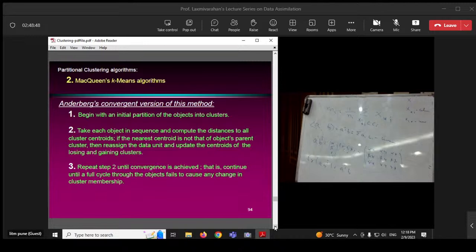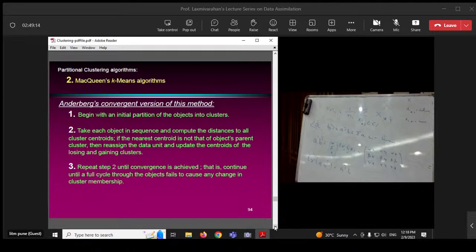Start from object 1 to object n, compute the distance of each object to every center. If a particular object is not in the nearest place, change it, or make it tighter. Repeat step 2 until convergence is achieved.